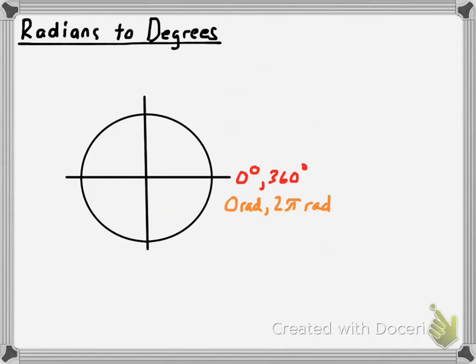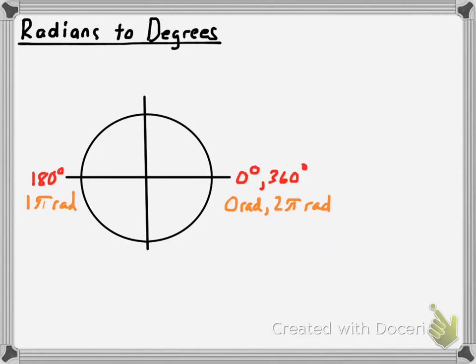Well, if we go halfway around the circle, this is something I mentioned in the previous slide. You go 180 degrees to get halfway around the circle, right? Well, halfway from 0 radians to 2 pi radians would have to be 1 pi radians, right? So there's 1 pi, or just pi radians, at 180 degrees.